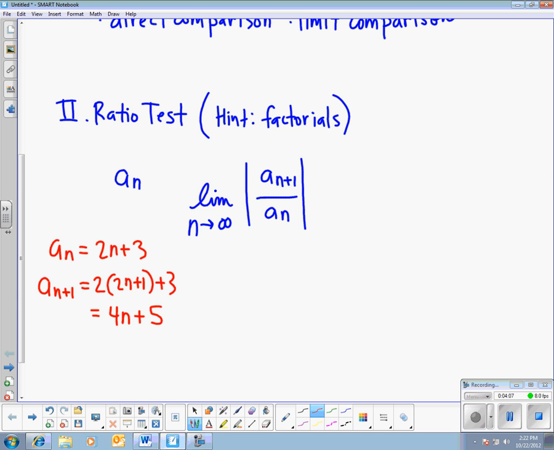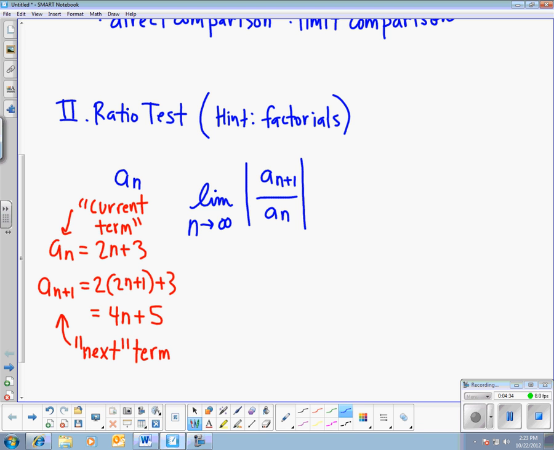So a sub n plus 1 is just kind of the quote-unquote next term based on calling a sub n the current term. So that's just kind of a generic terminology, but it just means that a sub n is your formula, and a sub n plus 1 is whatever your next term is. So you'll see this through the examples.